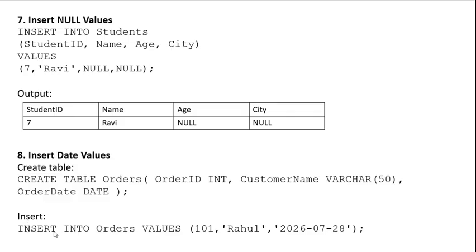And the insert query: insert into the table orders with values: ID is 101, customer name is Rahul, and the date is given in single quotes as 2026, the month 07, and the day like 28, close the single quotes and parenthesis, and a semicolon.